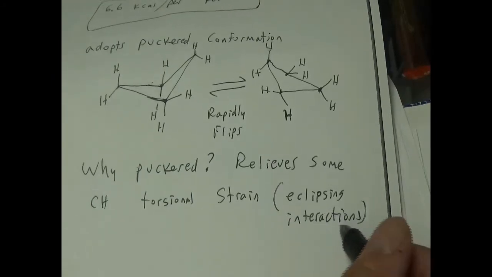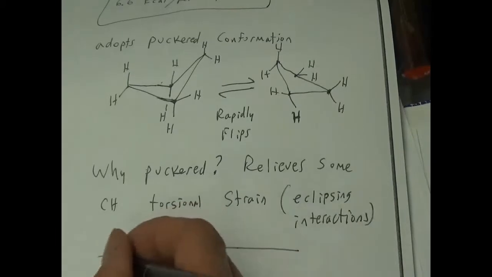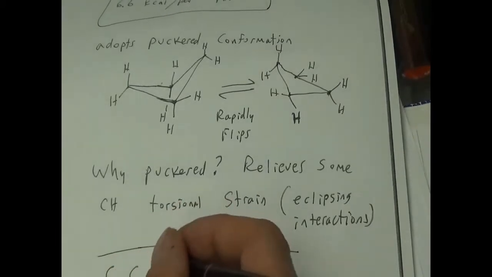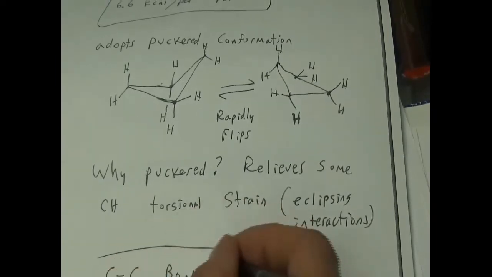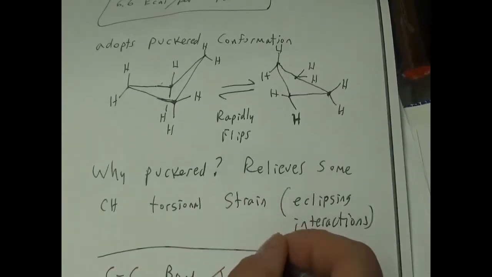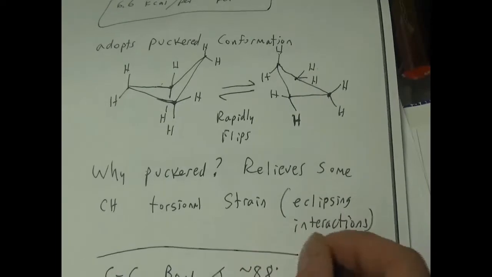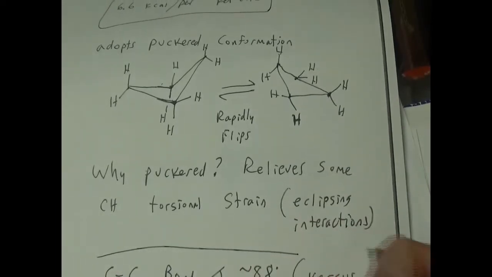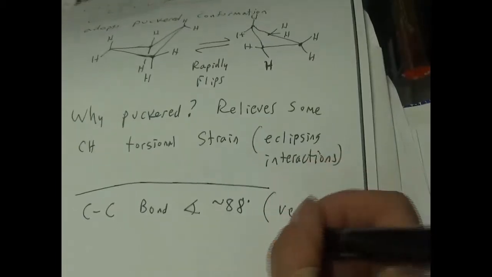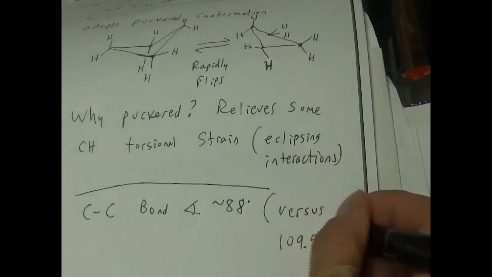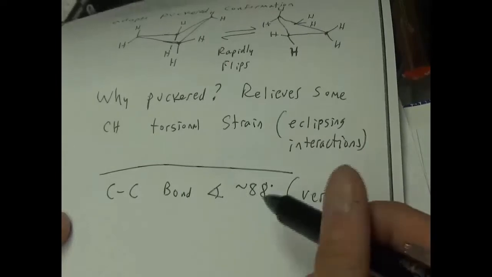Okay. In the end, the CC bond angle is roughly 88 degrees versus, what is it in a totally happy tetrahedral structure? 109.5. So is that happy or not? No, it's not.